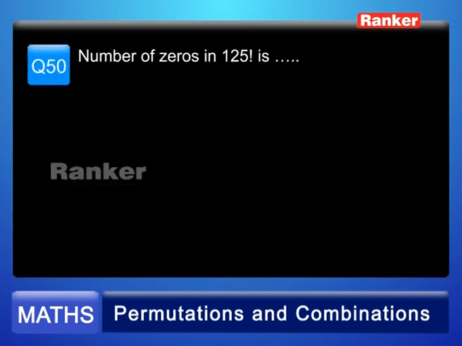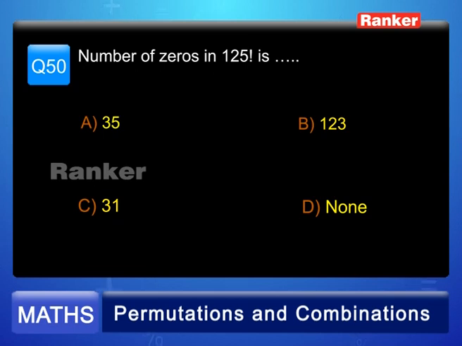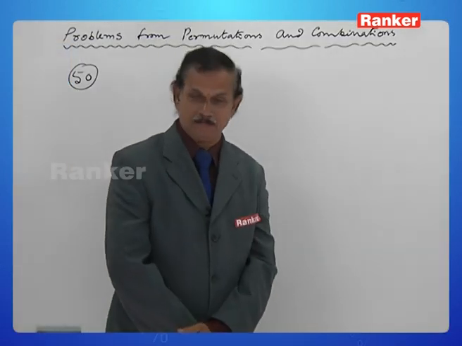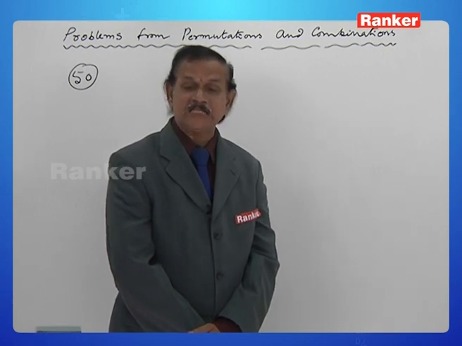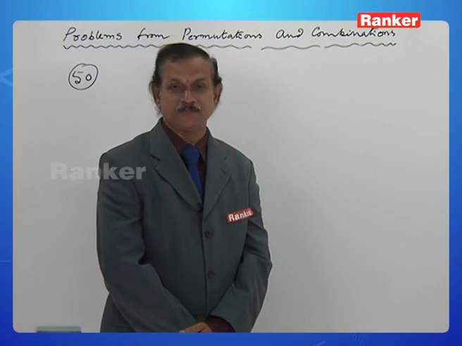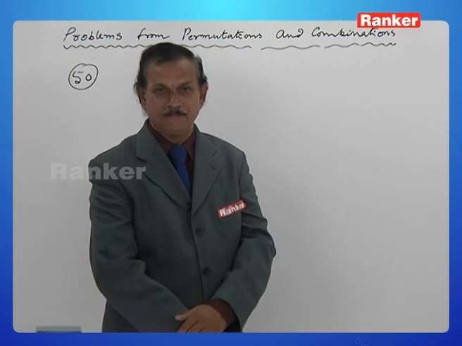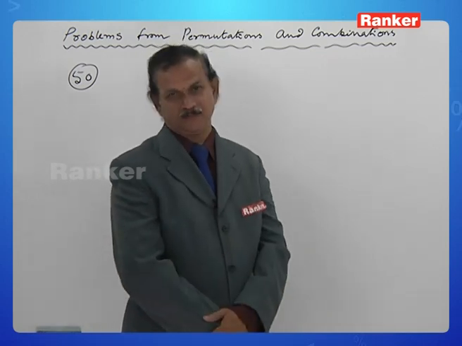The next question is question number 50. In this question, he is asking us the number of zeros in 125 factorial. Number of zeros means the largest exponent of 10. But 10 is a composite number. And the luckiest thing is that composite number could be expressed as a product of 2 into 5, 1 prime and 1 prime, just 2 distinct primes.